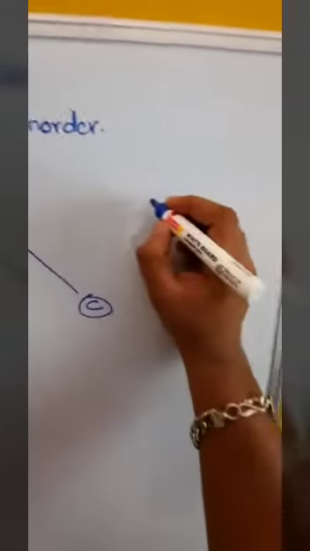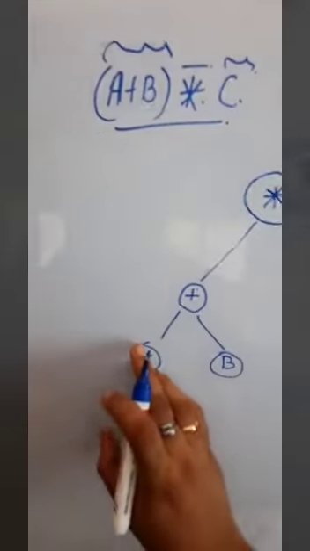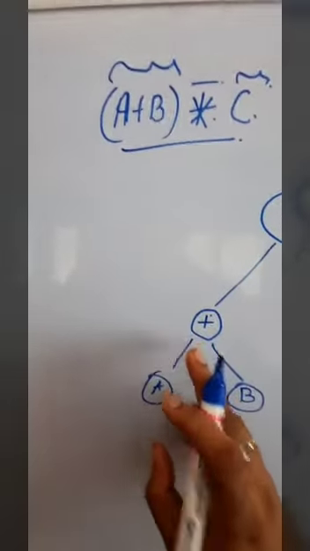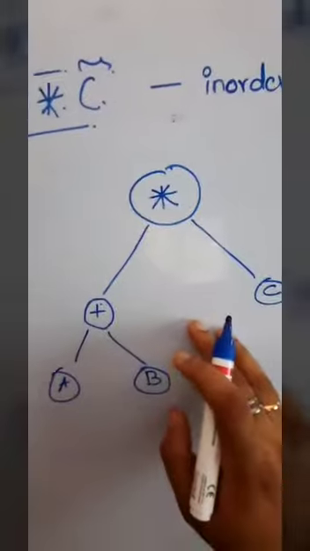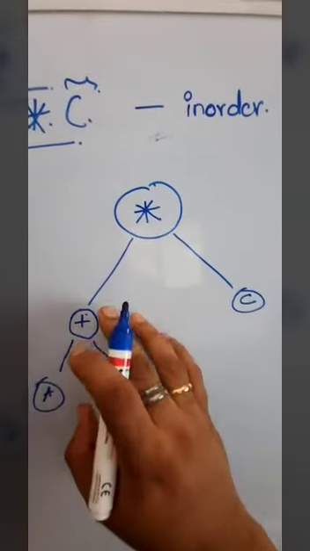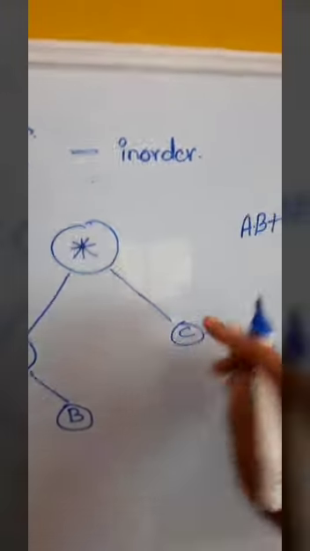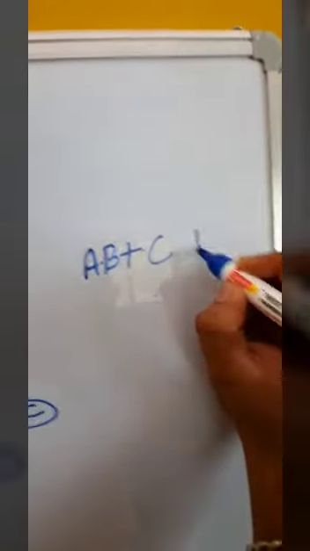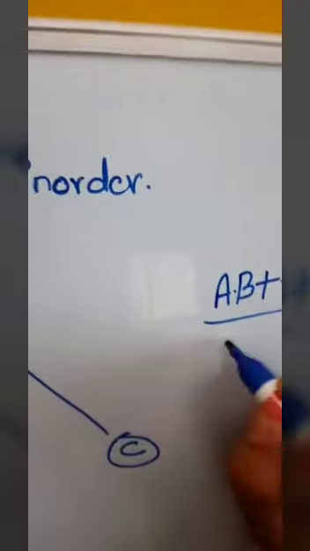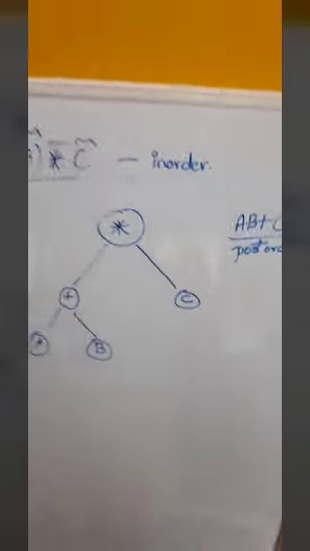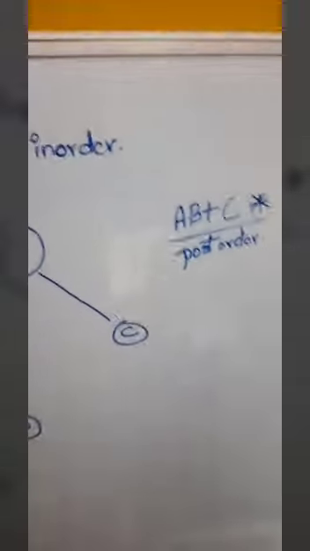The first node will be A, then the right node will be B, then the parent node, plus. Now by backtracking, we have already done plus, so we go back to star, then retrieve the right node, which is C, and then star. So this is the post-order.